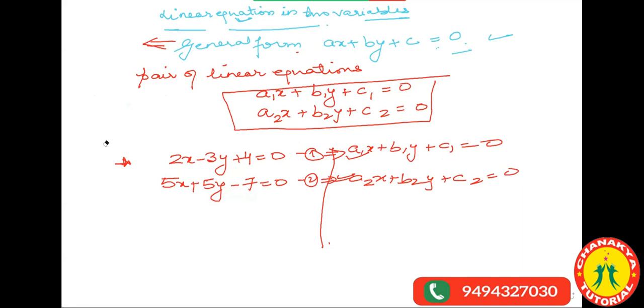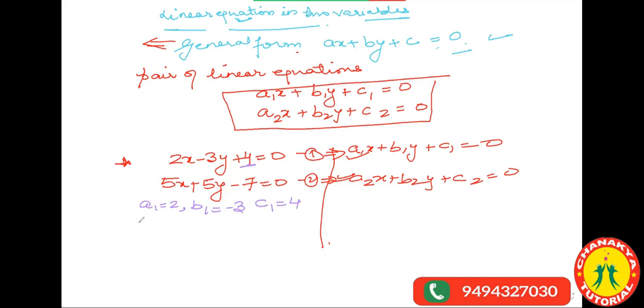Ma'am, for the first equation, a1 equals 2. Yes. Value of a1 is 2, right? Then b1 is equal to minus 3. Yes. And then c1 will be positive 4. Clear? Good.